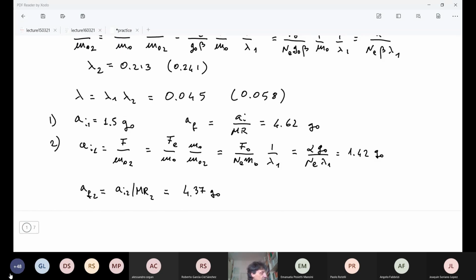And in particular, you also see that everything is very similar, and this is because that ratio 5 to 1 is similar to the inverse of lambda 1. And so you see that here we have this term NE lambda 1 that tells us the difference between the first and the second stage accelerations. This is I2, of course. Very good. This was the first exercise.